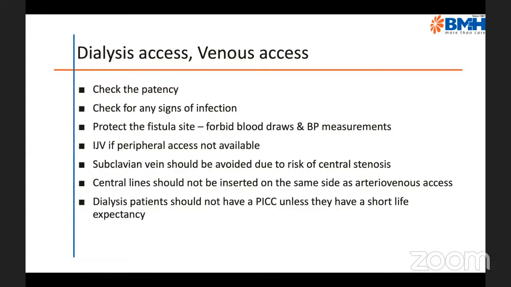The subclavian vein should be avoided due to the risk of central stenosis. A central line should not be inserted on the same side as the arteriovenous access. And dialysis patients should not have a peripherally inserted central cannula unless they have a short life expectancy, because you will be destroying a potential AV fistula site for the patient in future.